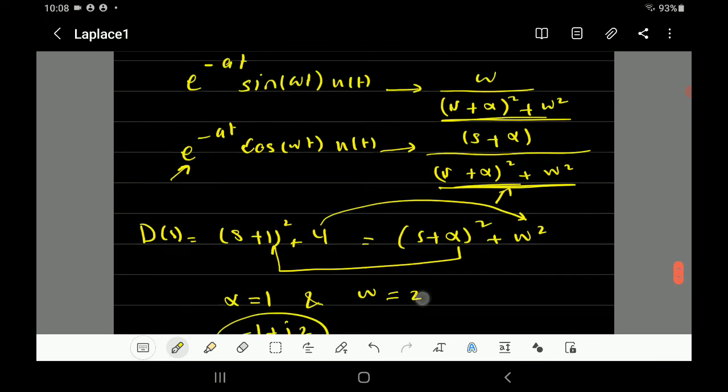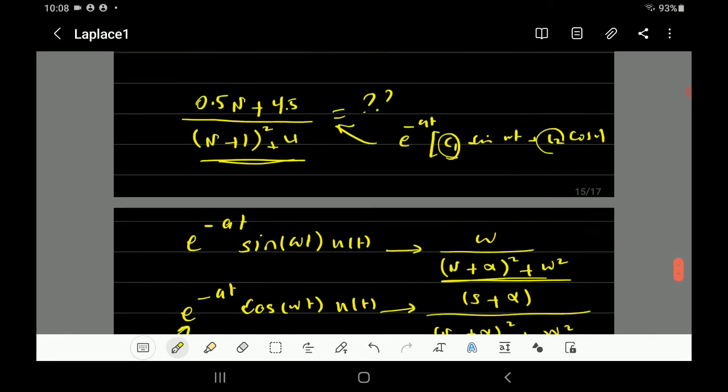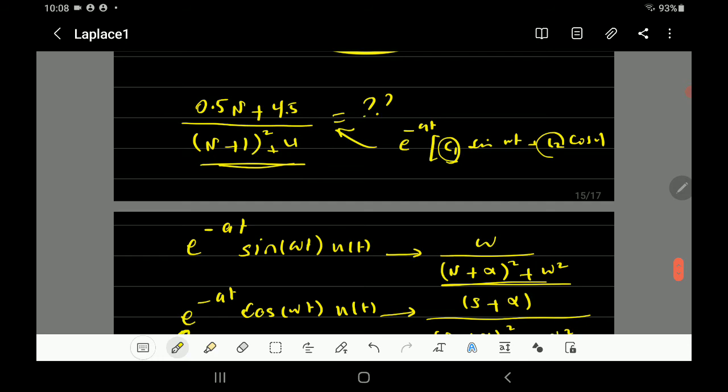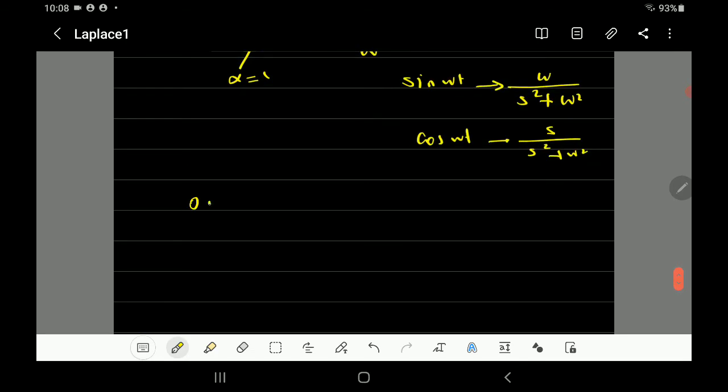All right, so what should you do next? I want to make it an easy way to find these things. I have the value here, (0.5s plus 4.5) over (s plus 1) squared plus 4. I have a nice trick that can make it simple.